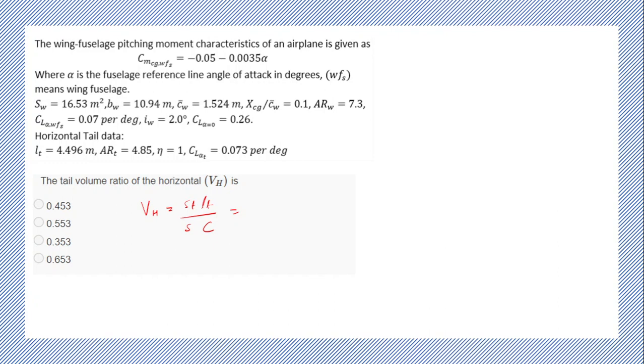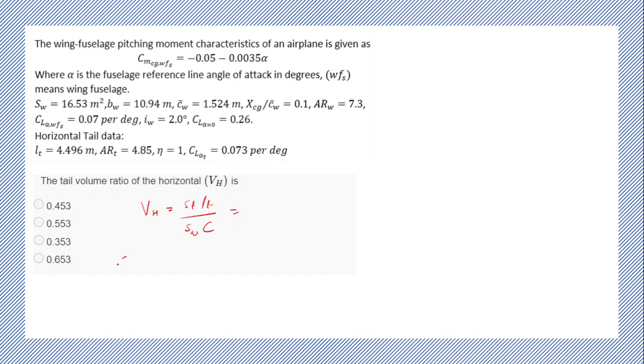SW is given to us. We have this. We don't have ST. Correct? ST is the value that is missing. Okay, can you tell me what was the equation?